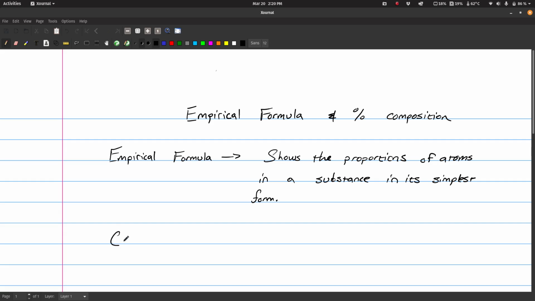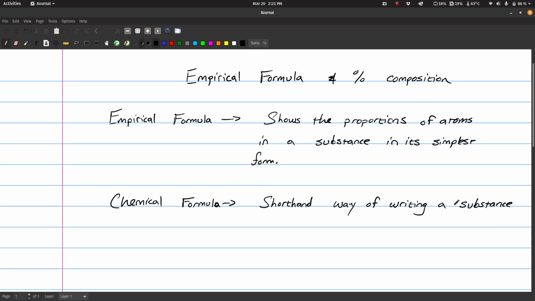Whereas if we compare this to a chemical formula, your chemical formula is the shorthand way of writing a substance using chemical symbols and subscripts. So this is not the simplified version.